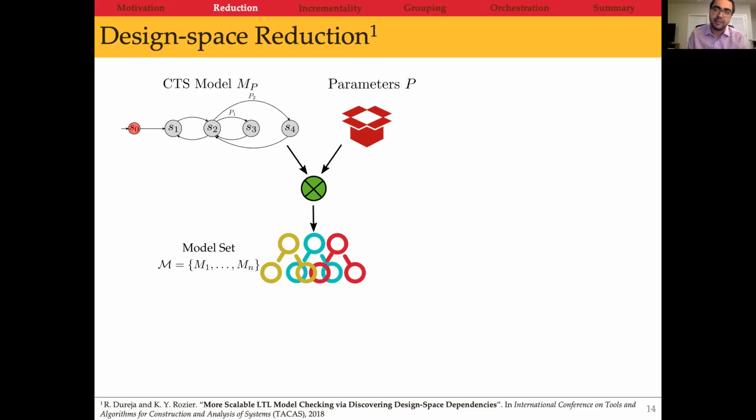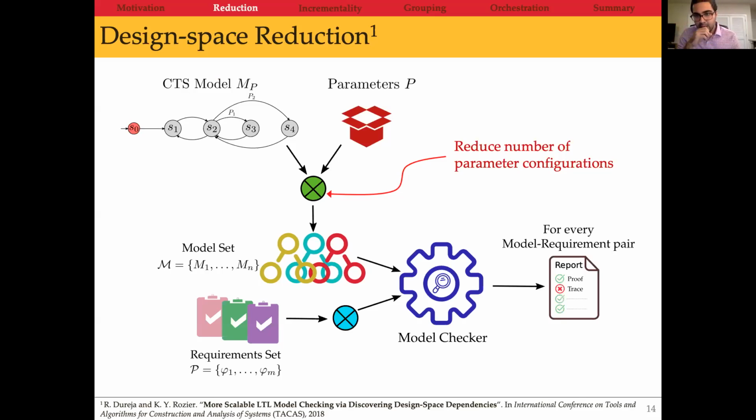So as the first step in a design space reduction technique, we automatically try to find dependencies between these parameters, which in turn is equivalent to finding the intermodel relationships to reduce the total number of models that have to be checked. Then each model in this reduced set of models has to be checked against several properties that express system requirements, as well as several design choice specific requirements.